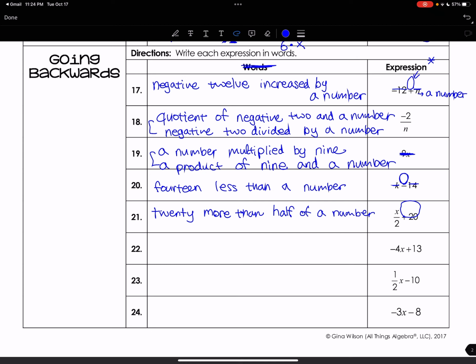And then the next one, again, 13 more than a number multiplied by -4.